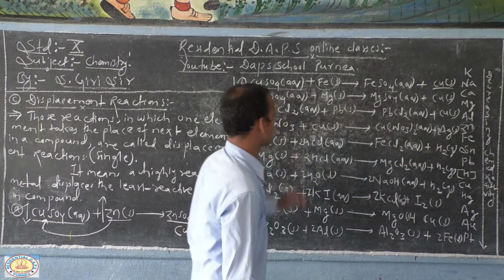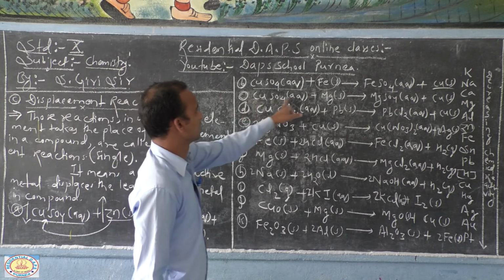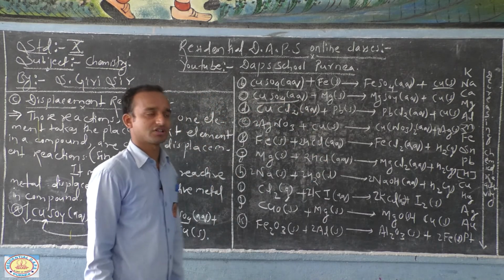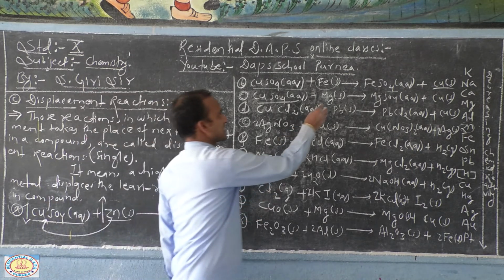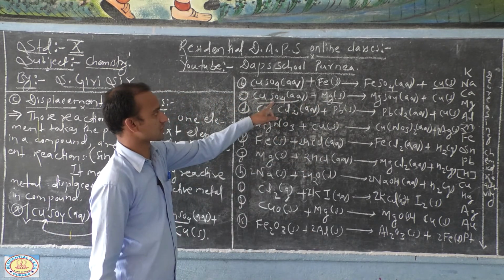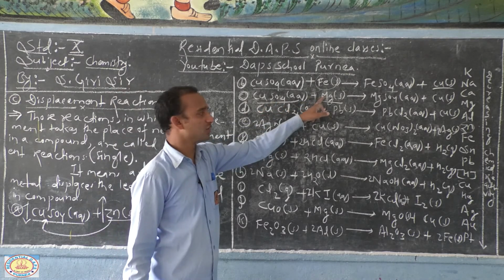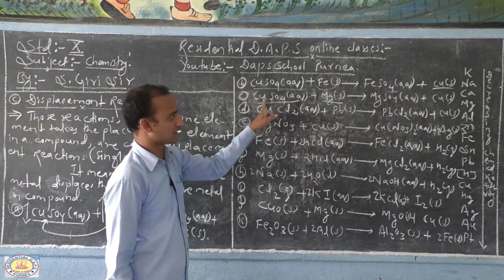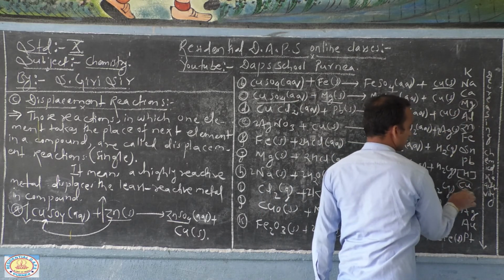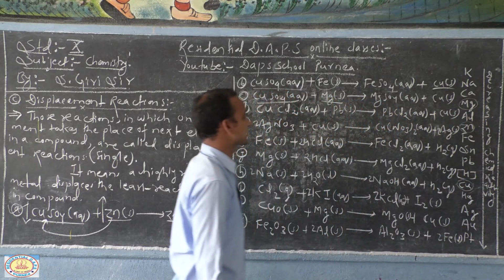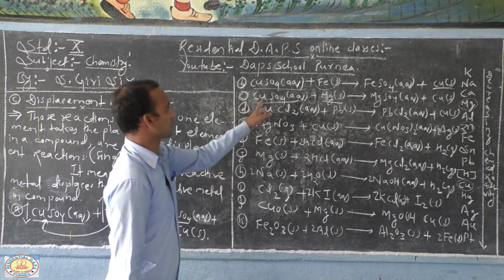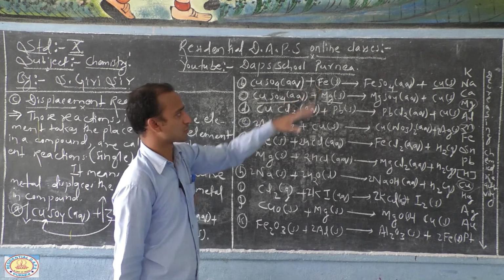Similarly, you can take any metal above copper, and that metal will be able to displace the copper from the copper sulfate solution. Next, when you take the same copper sulfate solution and react it with magnesium metal, it is able to displace the copper from the copper sulfate solution, because magnesium is also more reactive than copper. Here magnesium is here, but copper is here. So magnesium metal can easily displace the copper from the copper sulfate solution in this way.